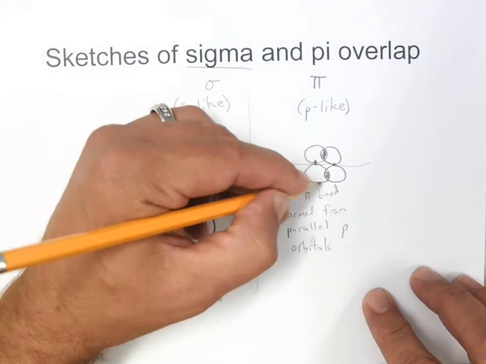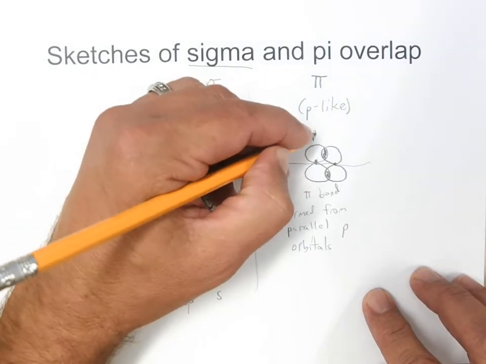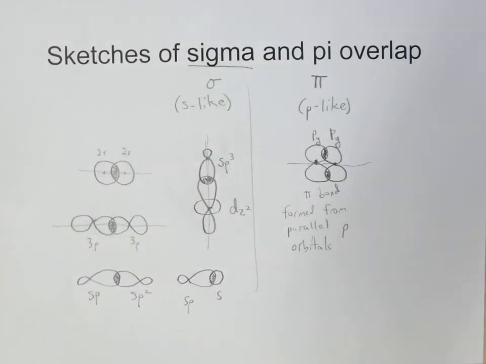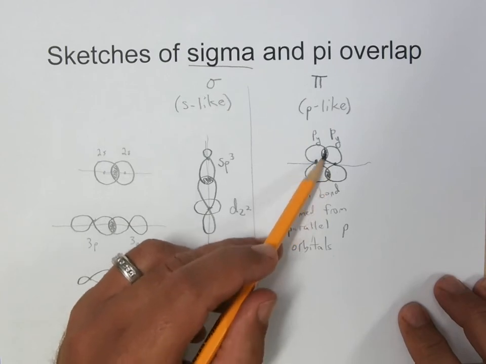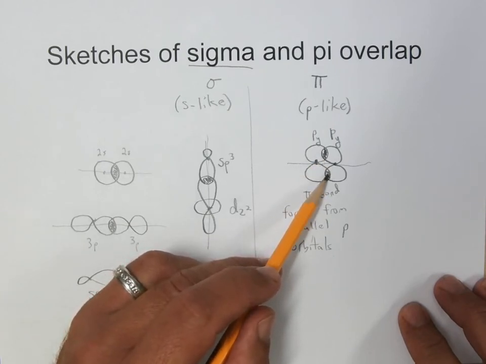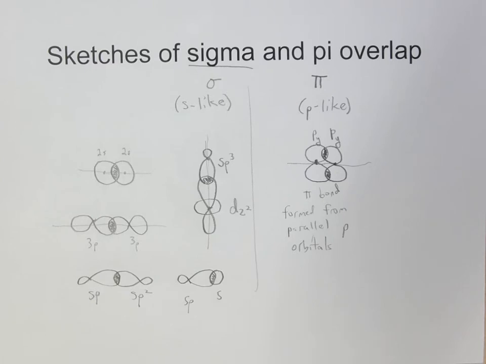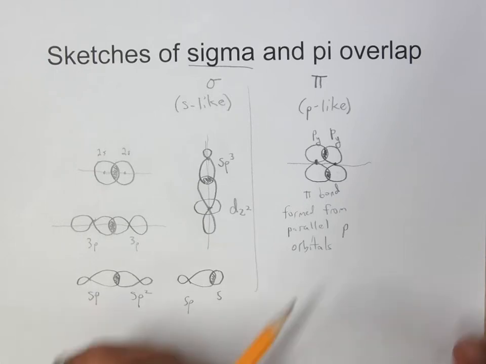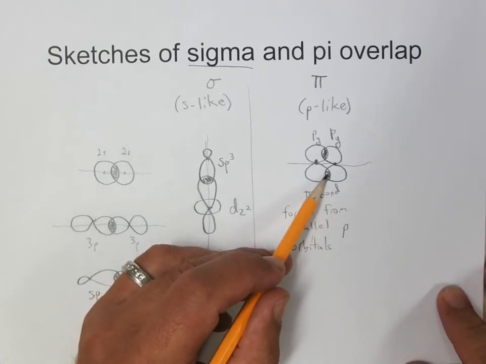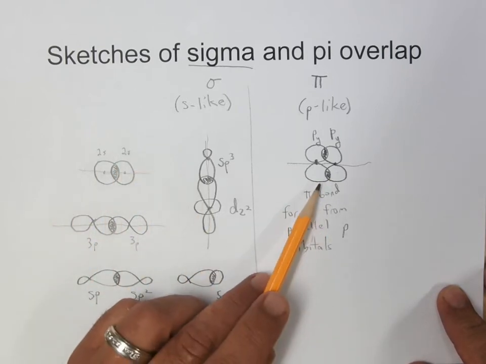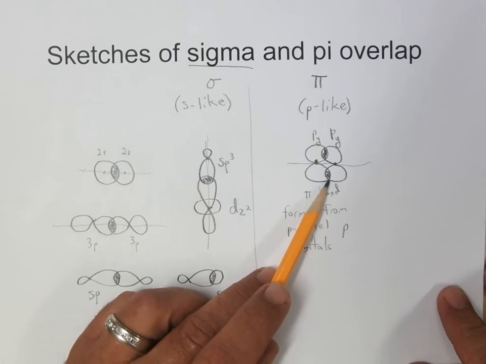If the y-axis was vertical here, then this is a py on one atom interacting with a py on the other atom, and this double interaction forms one bond from the overlap of these two orbitals together. That's the typical pi bond you'll see in organic chemistry all the time: a p orbital that's parallel to another p orbital, and these are the non-hybridized orbitals. Your hybrid orbitals are generally involved in sigma bonds. Your unhybridized p orbitals can get involved in pi bonds.